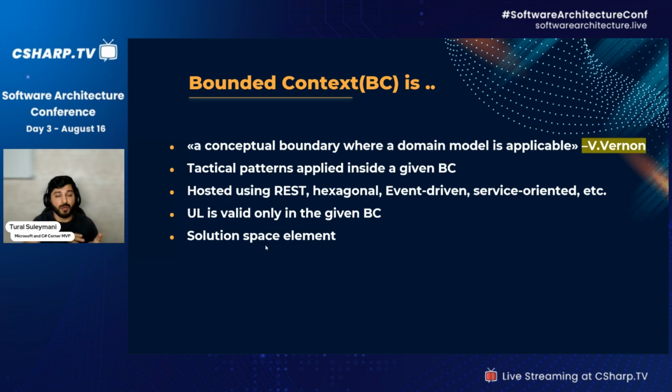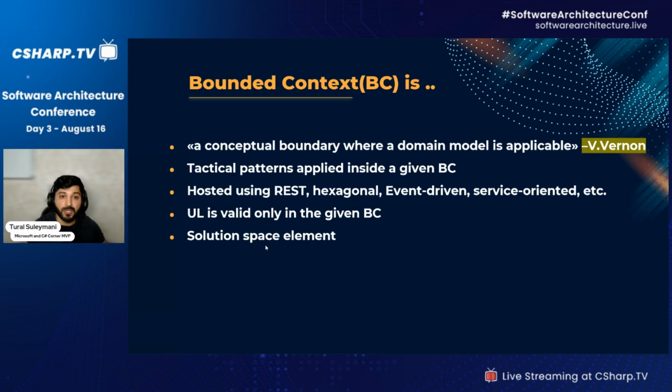So bounded context is a solution space element. We have problem space, we have solution space. If you have read different books related to domain-driven design, you realize that most of them are talking about problem space and solution space. In our problem space, we have subdomains. In our solution space, we have bounded contexts, because in a subdomain we are trying to grab more information about the business. We are trying to understand, to learn the complexity.